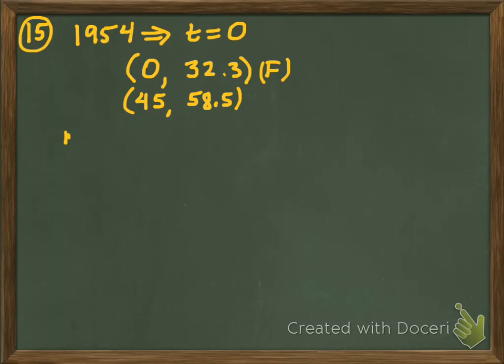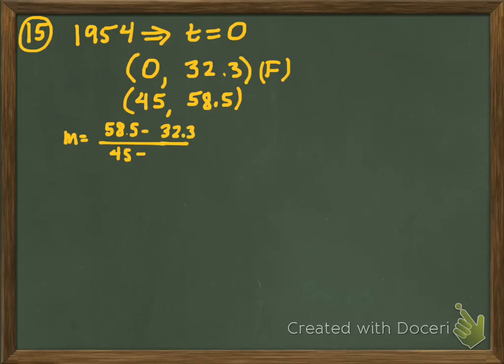So then our slope is, and it doesn't really matter which one you start with. I used to do the one most students don't use first, but I'll go with the second one first. 58.5 goes with 45, and 32.3 with 0. Jump in anytime.